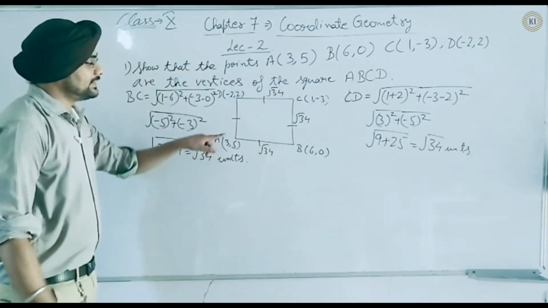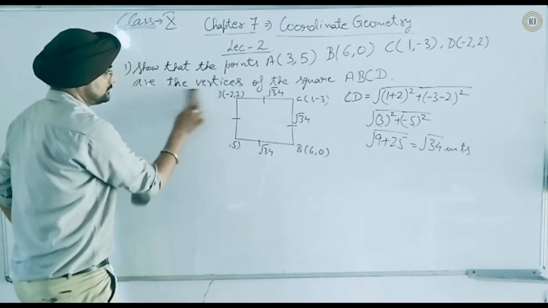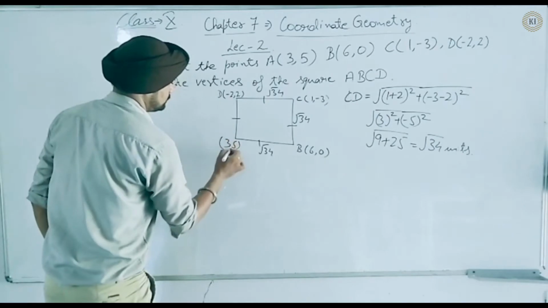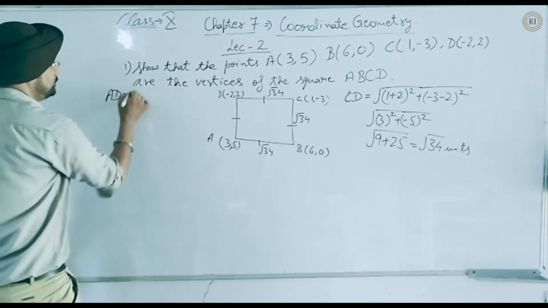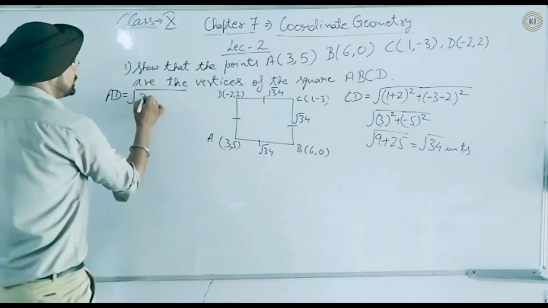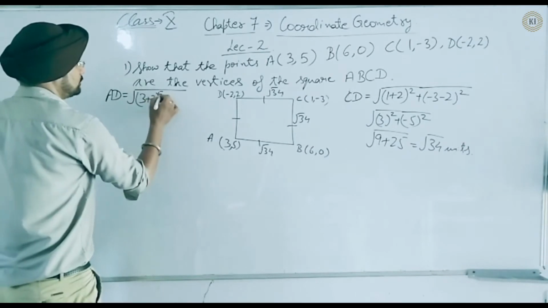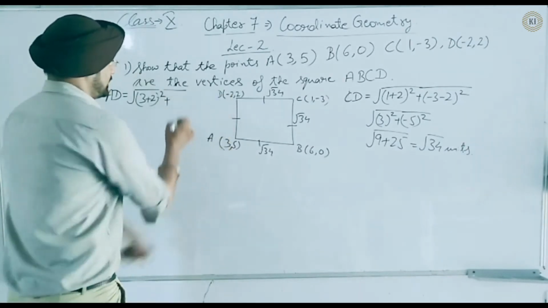In the same way we calculate AD. So the value of AD is equal to under root, x1, y1, x2, y2. So (3 minus minus 2), that is (3 plus 2) square plus (5 minus 2) square.